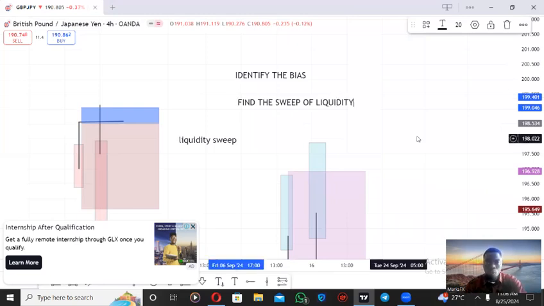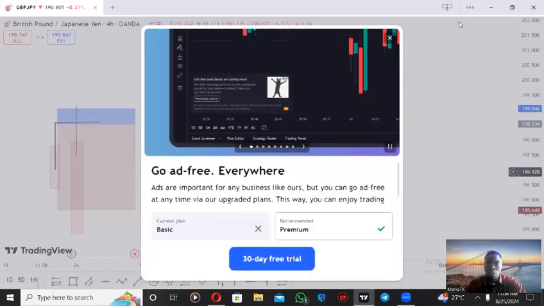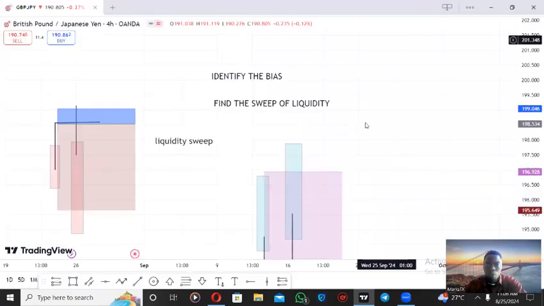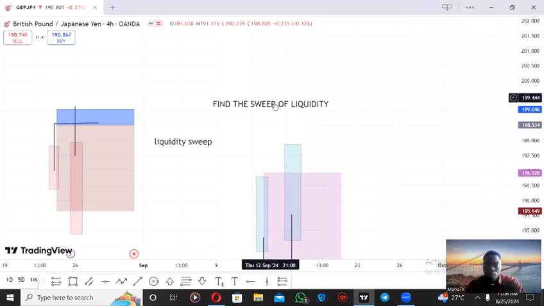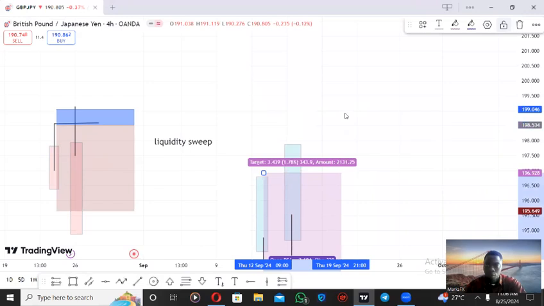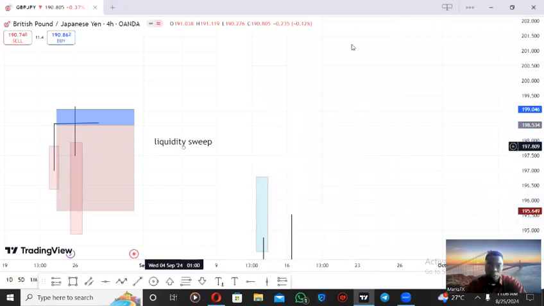So once you identify the bias and you can find the sweep of liquidity, you can now trade with it. It's simple. So I'll move to the chart now and show you what I mean by that. So take, for instance, now, let me take out all this.